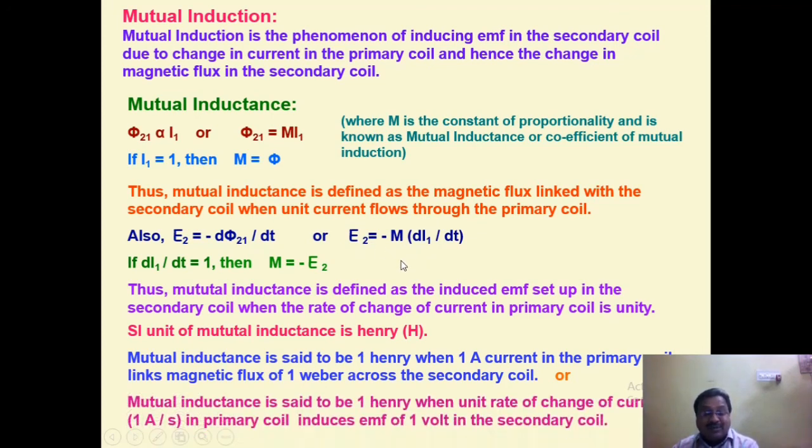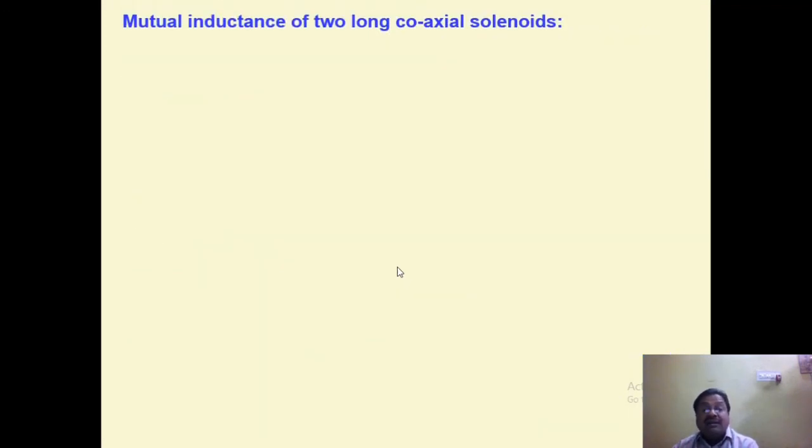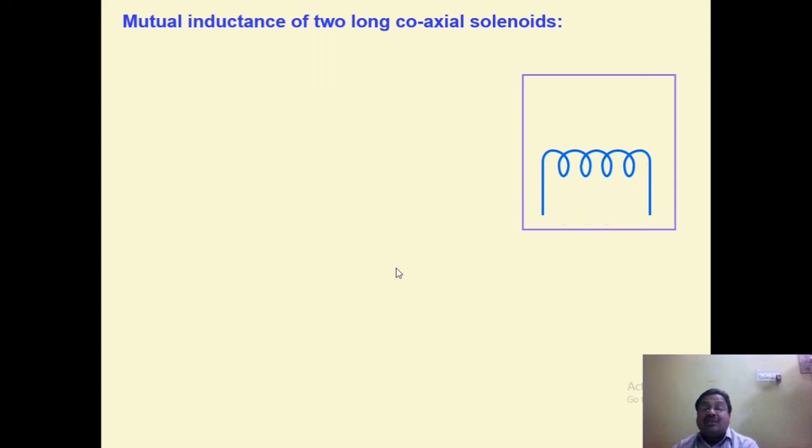Right? So mutual inductance of two coils is said to be 1 Henry when the unit rate of change of current, that is 1 ampere per second in the primary, induces an EMF of 1 volt in the secondary. So let us now calculate the mutual inductance of two coaxial solenoids.